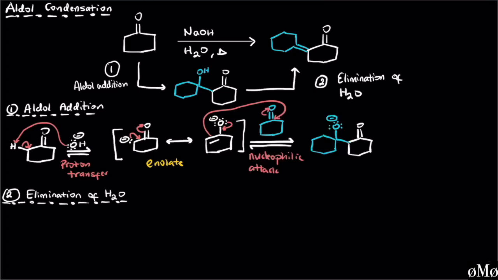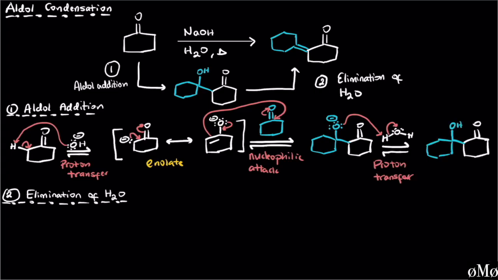To form the deprotonated form of your aldol addition product, which can then be protonated by water, and then get you to your beta hydroxy ketone. So we know all the way from here, this is really not favorable. So you're not going to get too much of your beta hydroxy ketone in the flask. But that being said, there will still be some of it. And so the beta hydroxy ketone can then undergo an elimination to form your alpha beta unsaturated ketone.